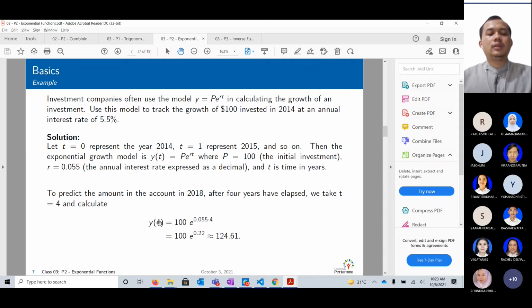So we can compute y of 4 equals this. Approximately after 4 years, in 2018, our money will grow from $100 to 124.61 US dollars. For this example, any question?